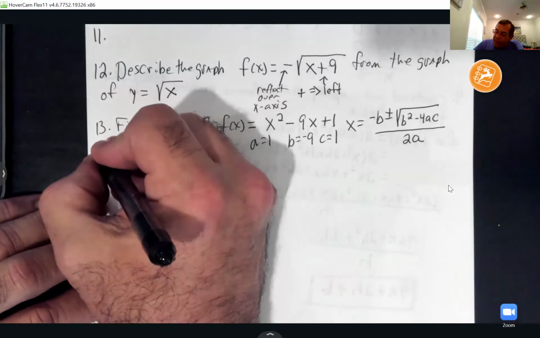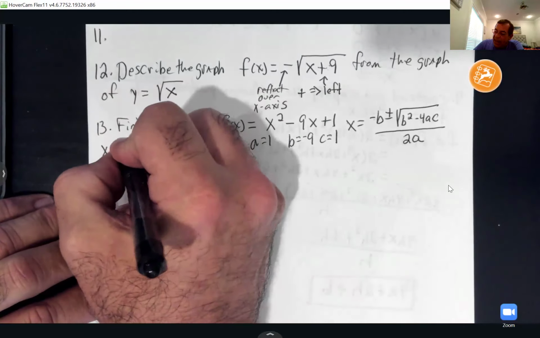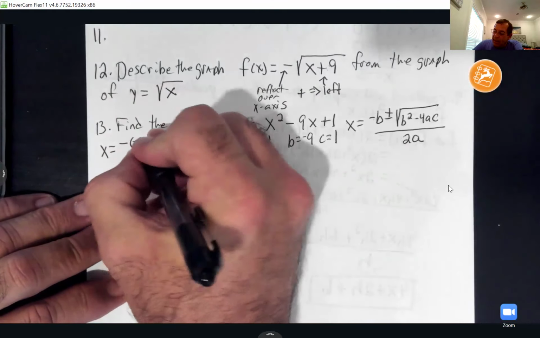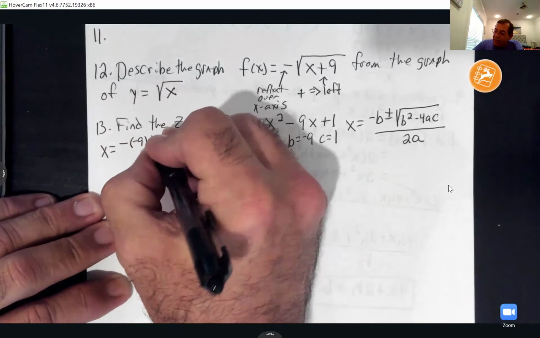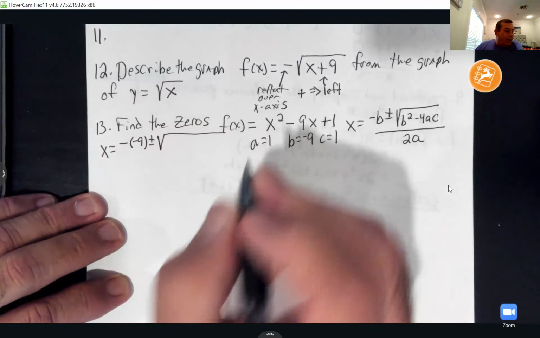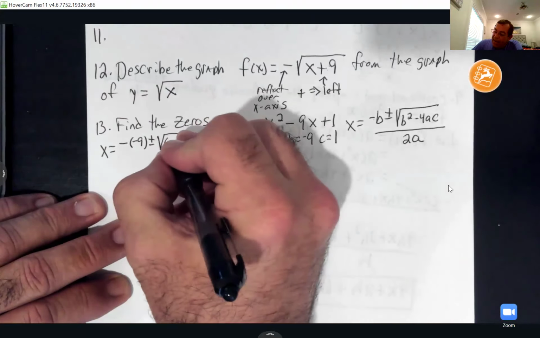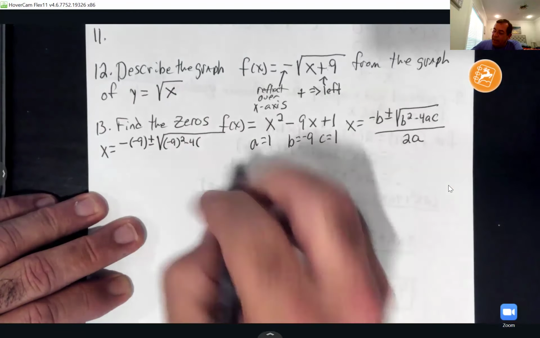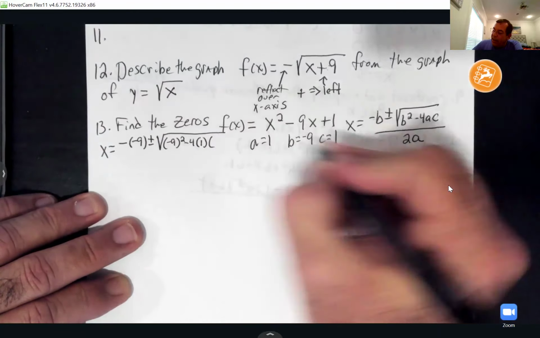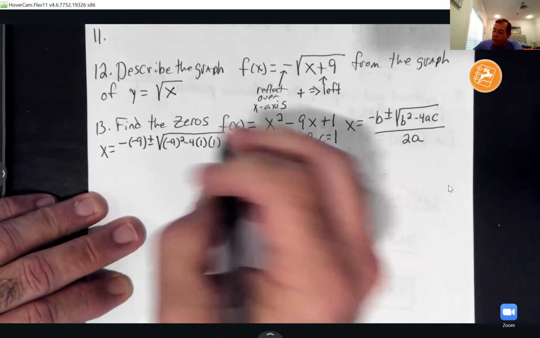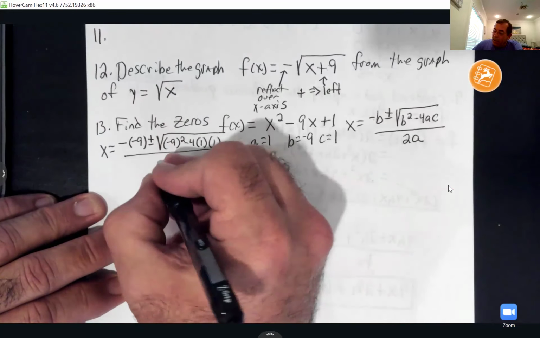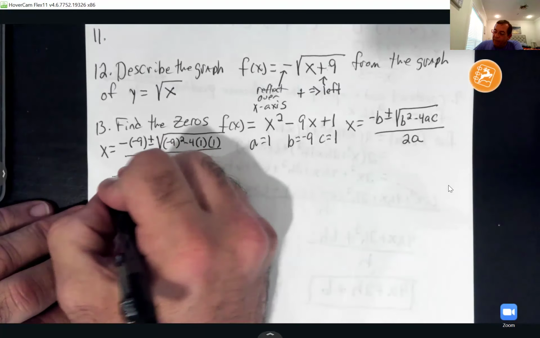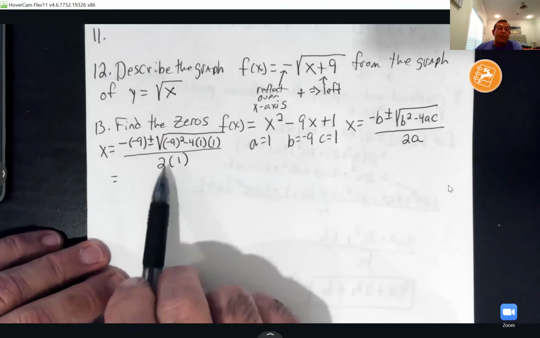All right, y'all, so let's plug it in and see what we get. I got negative times b, which is -9, plus or minus the square root of -9 squared minus 4 times a, which is 1, and c, which is 1, all over 2 times my a, which was 1. And y'all, it's just a matter of simplifying now.